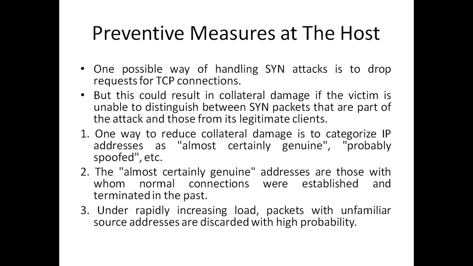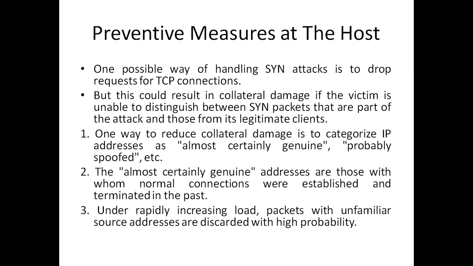So they try to establish the connection, and dropping the request for a TCP connection is one possible way of handling this synchronization attack. But this could result in collateral damage if the victim is unable to distinguish between the synchronization packets that are part of the attack and those from its legitimate clients.